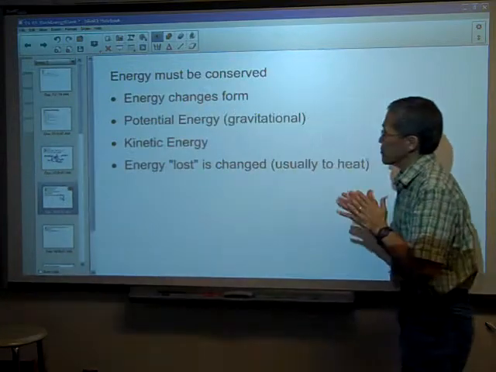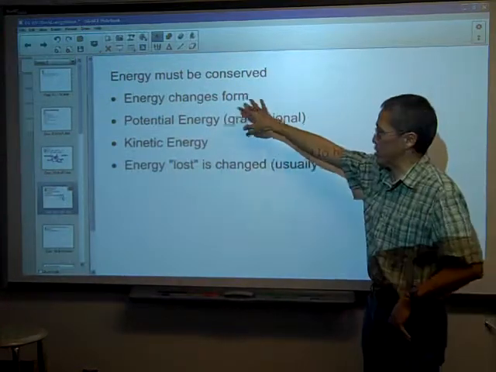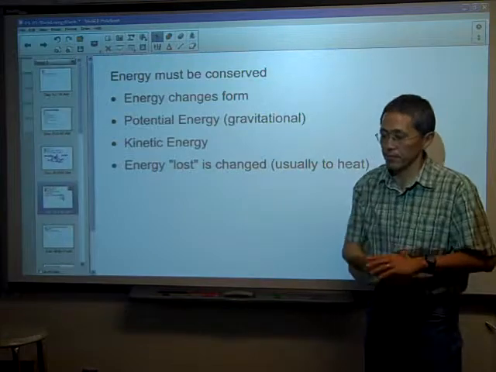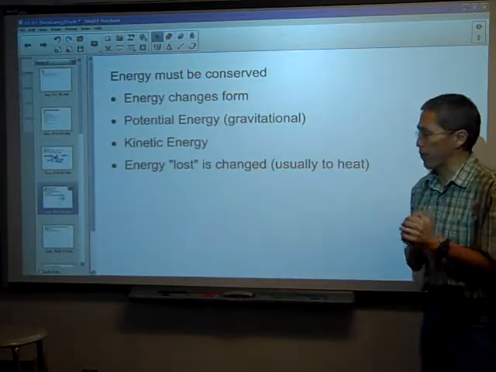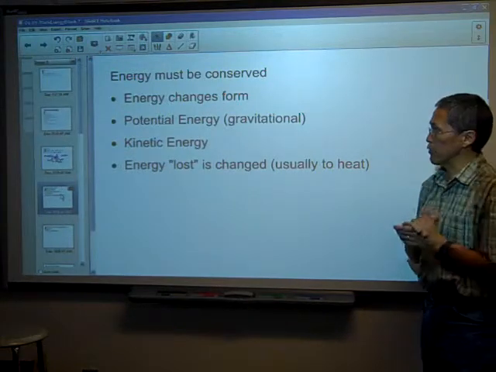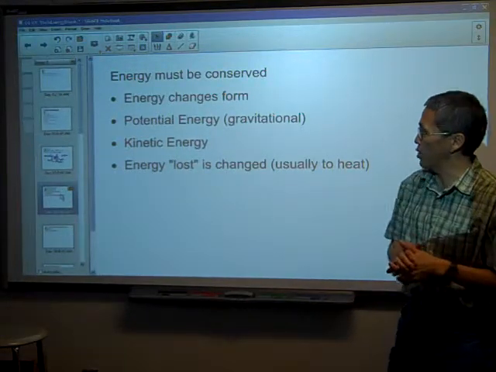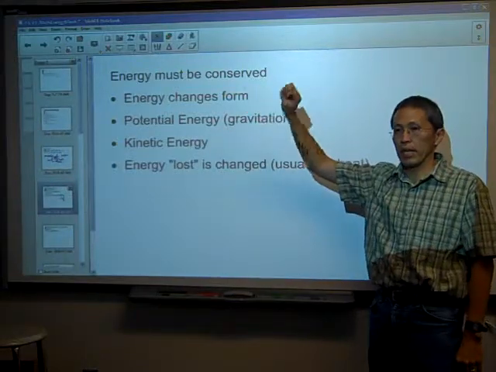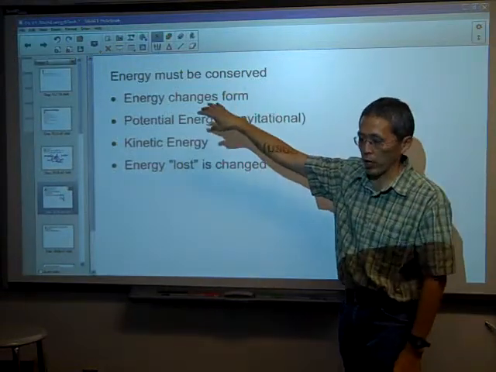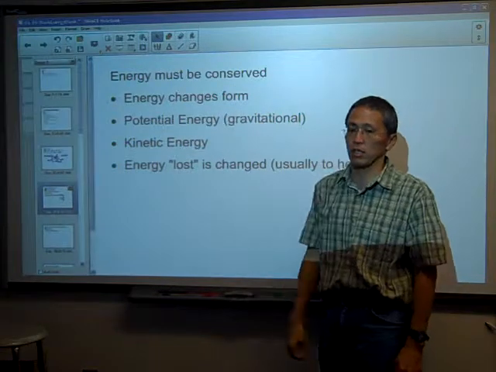All right, next thing. So that comes back to energy. Energy really has to always be conserved. We're going to do a bunch of different problems here, and all the problems basically are going to come down to this thought that energy can neither be destroyed nor created, and it must be conserved.